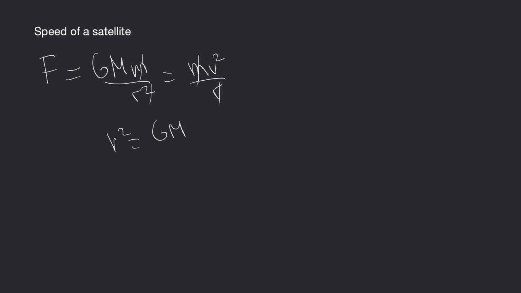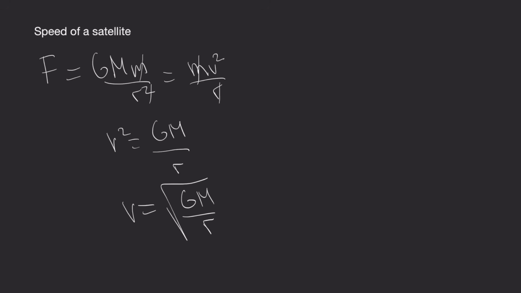Okay, let's do the speed of a satellite. There's a couple of different equations. You can go, the gravitational force is GMm over r squared. Set that equal to mv squared over r for a circular orbit. And then we get that v squared is GM over r. In other words, v is equal to the square root of GM over r.